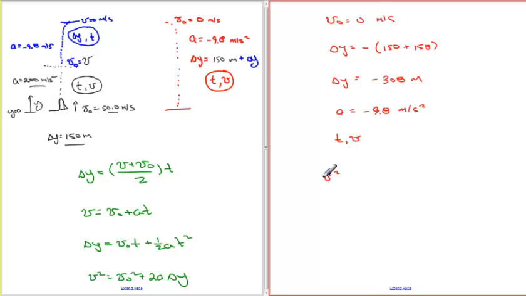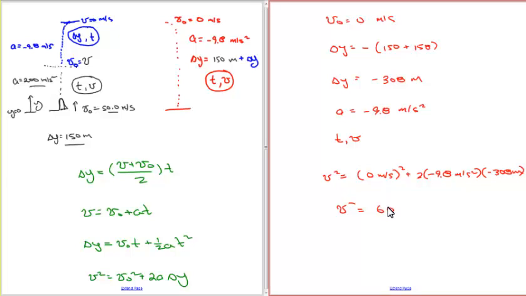So we have v squared. The final velocity squared is the initial velocity, which is 0 meters per second, squared, plus 2 times negative 9.8 meters per second squared times negative 308 meters. So that's going to be 2 times 9.8 times 308. The negatives cancel out.